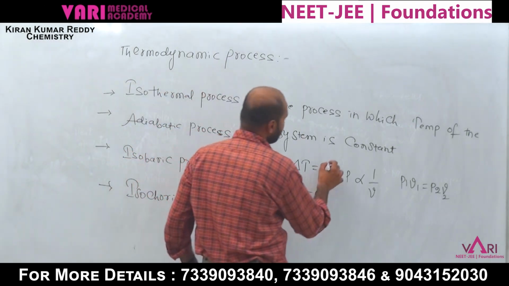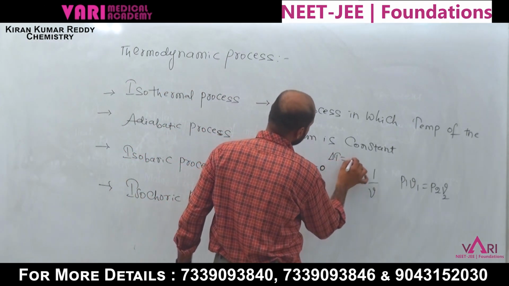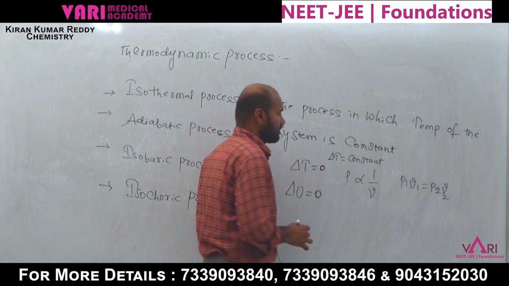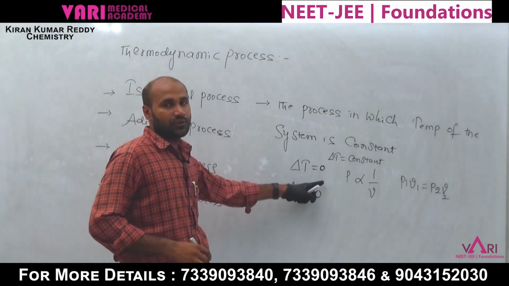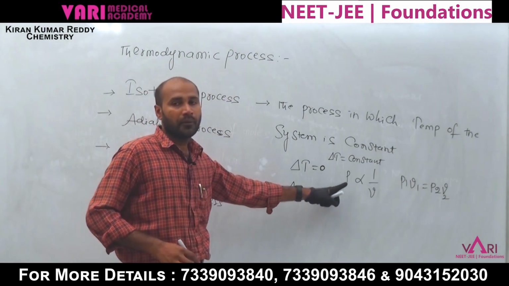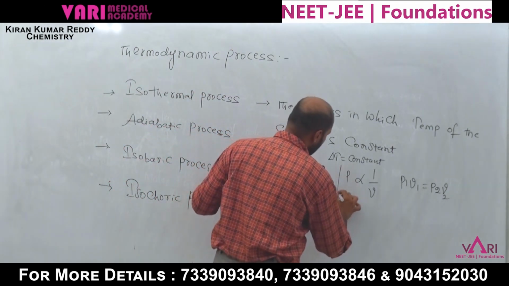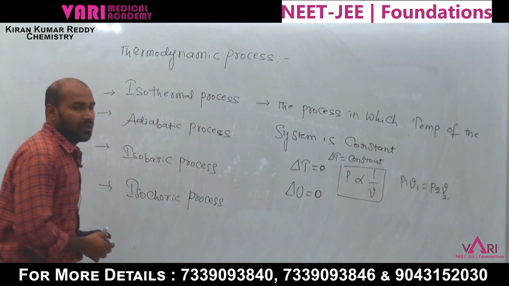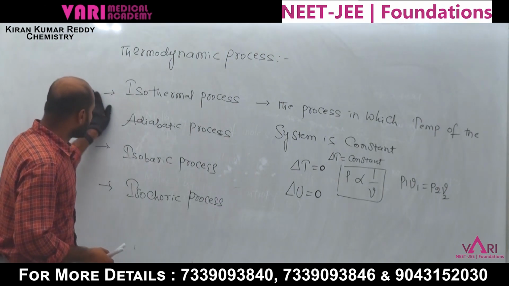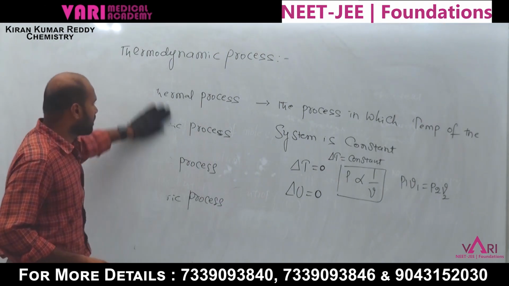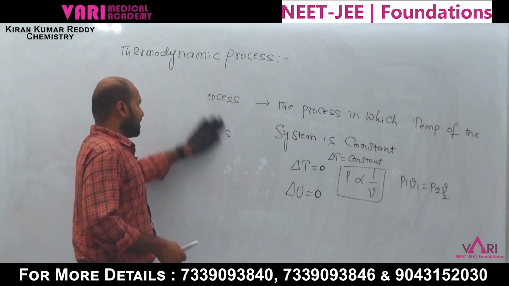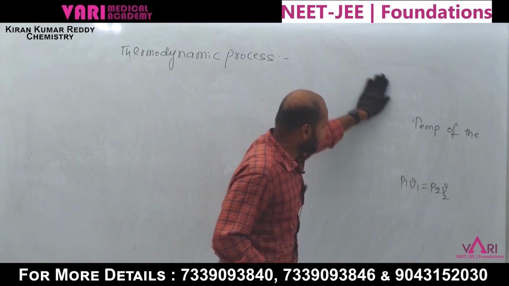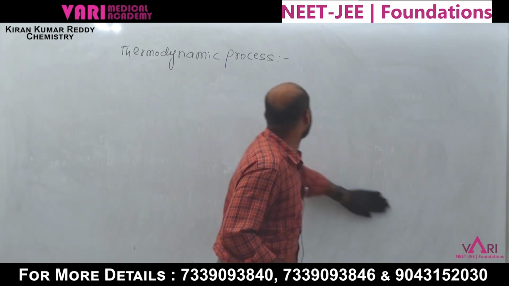Delta T is equal to 0, delta U is equal to 0, P is proportional to 1 by V. This is the isothermal process. And in isothermal process, we can discuss reversible expansion and irreversible expansion.